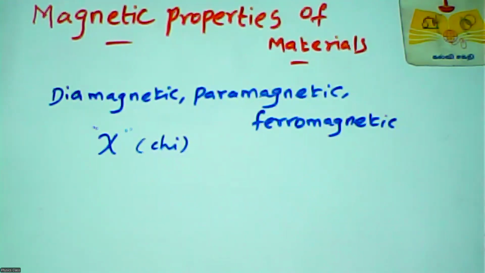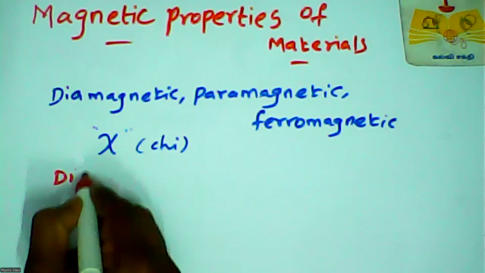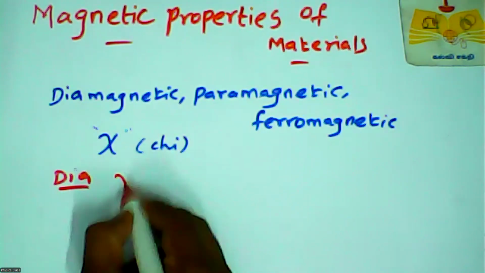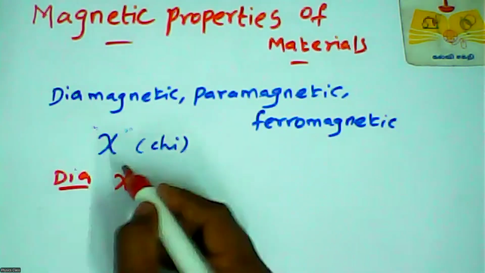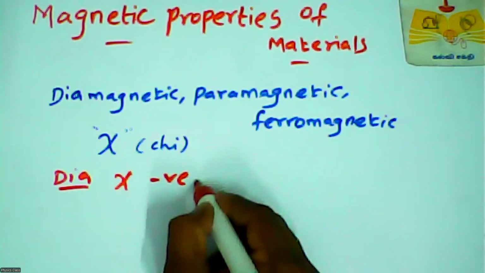For diamagnetic materials, as you already know, chi is negative and small.